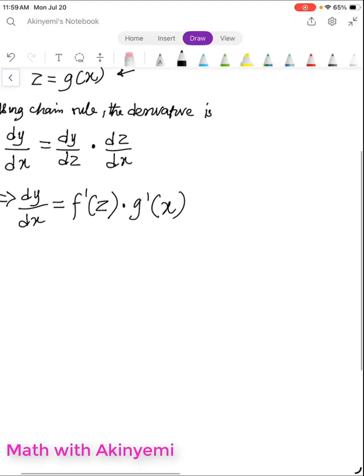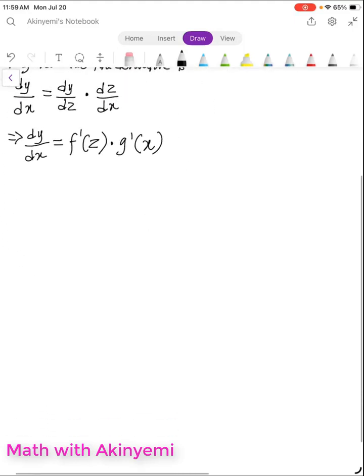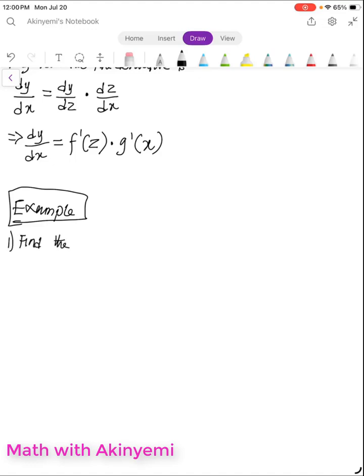So let's do an example. Example 1. Find dz over dx of z equals 2y raised to power 3, where y is equal to 3x plus 8.